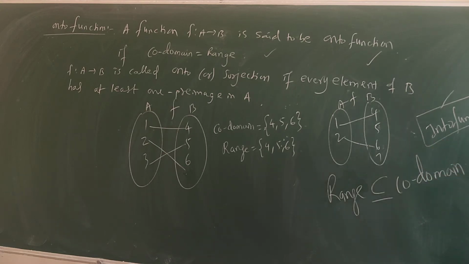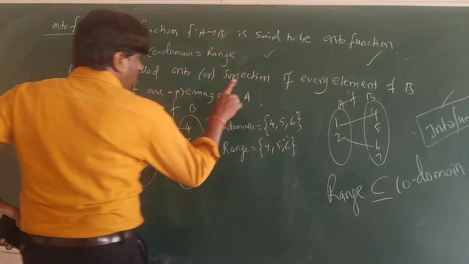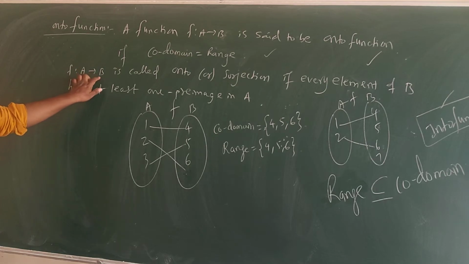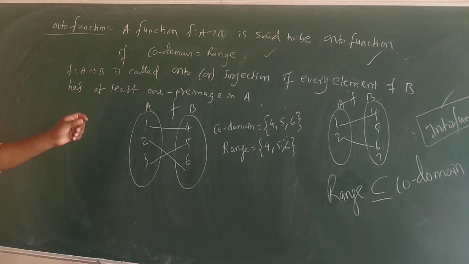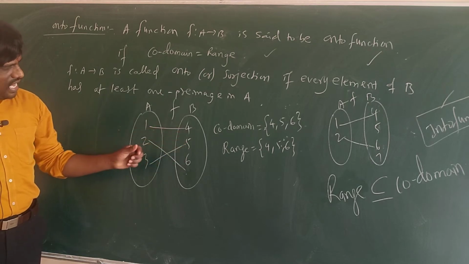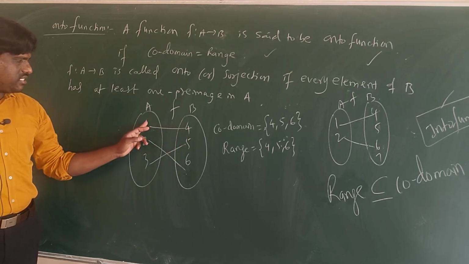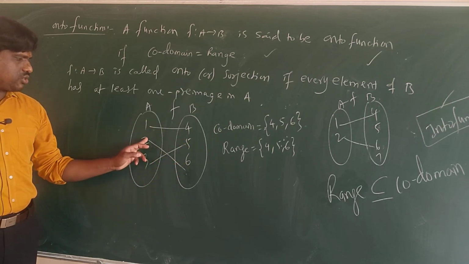Understood? Is it clear, everyone? And what is the meaning of the second definition? The second definition says that f: A → B is called onto or surjective if every element of B has a pre-image in A. See, 4's pre-image is 1, 5's pre-image is 3, 6's pre-image is 2.